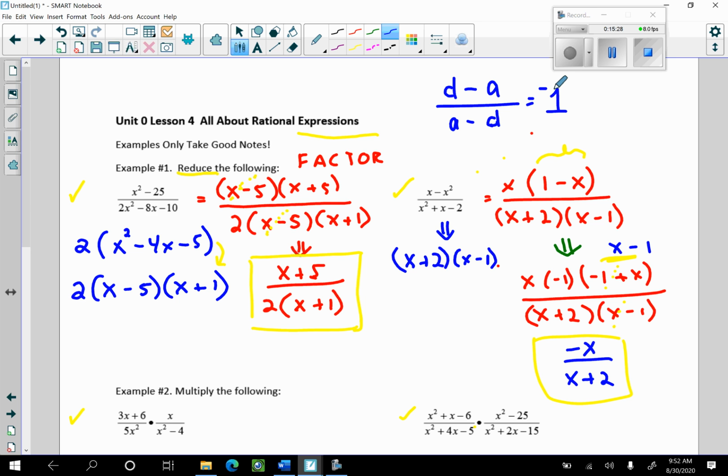So that might be good to put in your tool belt right there. If you can't get it, all you have to do is factor out a negative 1. But a lot of people have a hard time seeing this, going from here to here. All right, let's go on to multiplying some fractions. Keep in mind, you can always pause the video. That's what's nice about these videos.